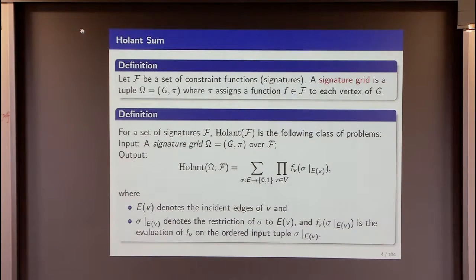And then at every vertex is the constraint that Andrei talked about, the not-all-equal constraint. Okay, so the vertex says all the edges must be different, and that's a 0, 1 valued constraint function. And the product of that is the conjunction, in this case, of everywhere at every vertex. It looks like the edge constraint is satisfied, that they're all different colors. And you sum over all this, then it becomes the number of valid edge colorings.